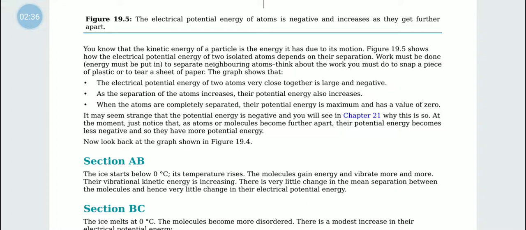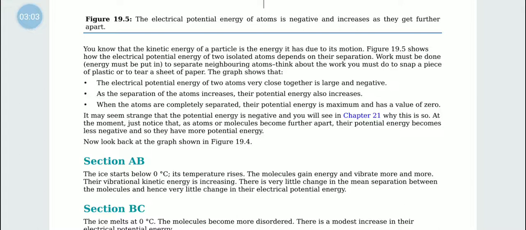Here you have to remember electrical potential energy and potential energy are identified in two different forms. Then when the atoms are completely separated, their potential energy is maximum and has a value of 0. The 0 is the highest electrical potential energy.